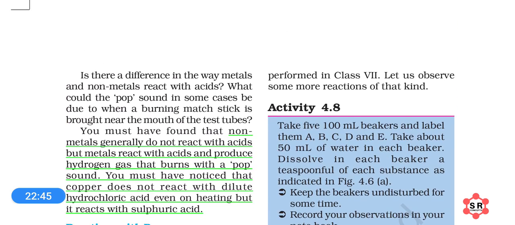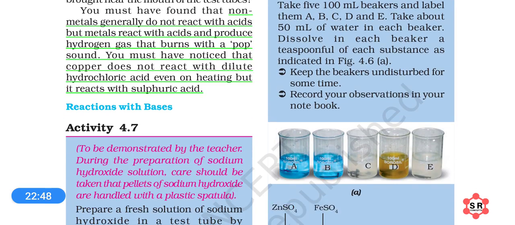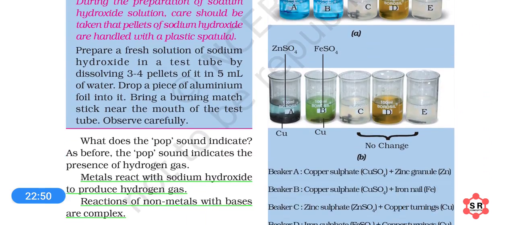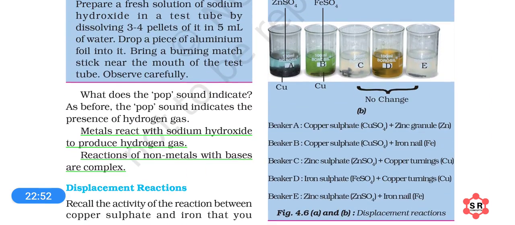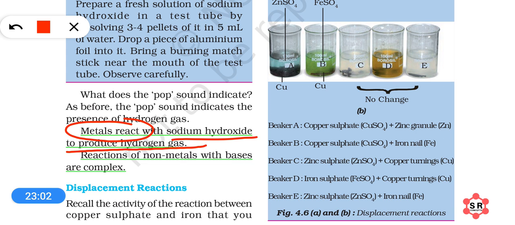We will see in this reaction that again hydrogen gas is produced. So what we can say is that metals react with sodium hydroxide, that is a base, to produce hydrogen gas.